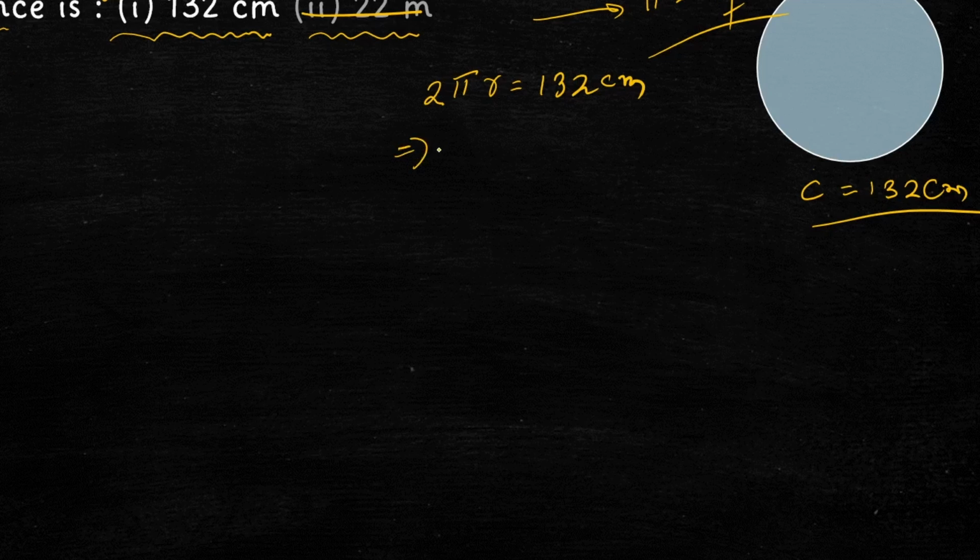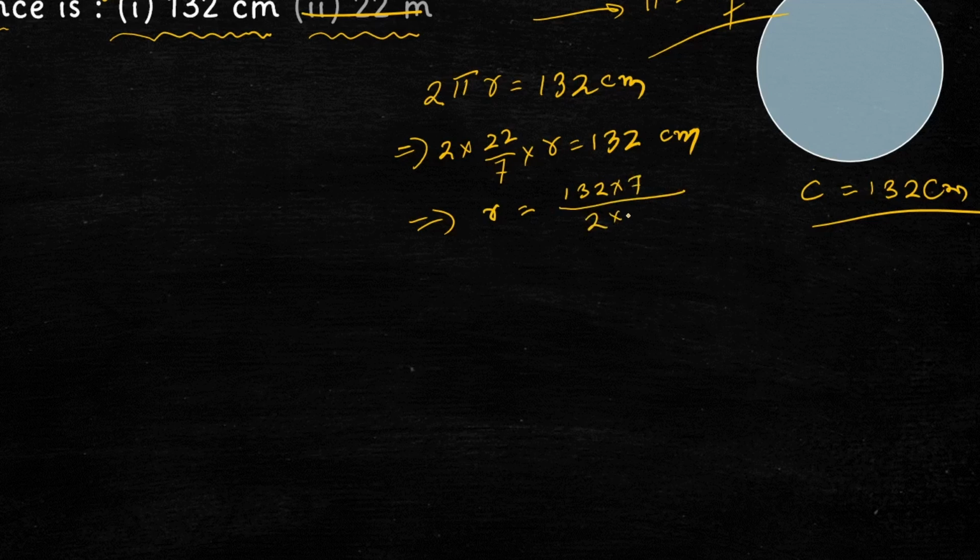So put the values. 2 multiplied by 22 divided by 7 multiplied by r is equal to 132 centimeter. Do the cross multiplication. So this is equal to 132, 7 will go up and 2 multiplied by 22 will go down.